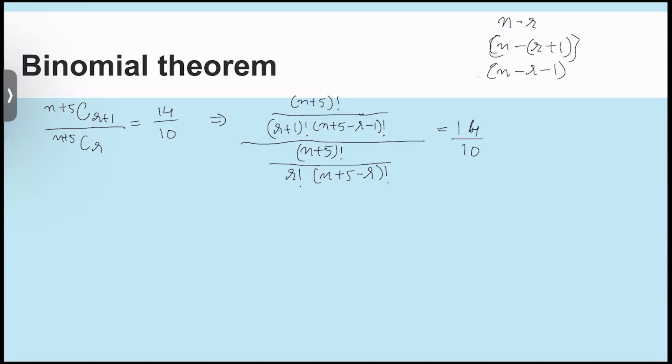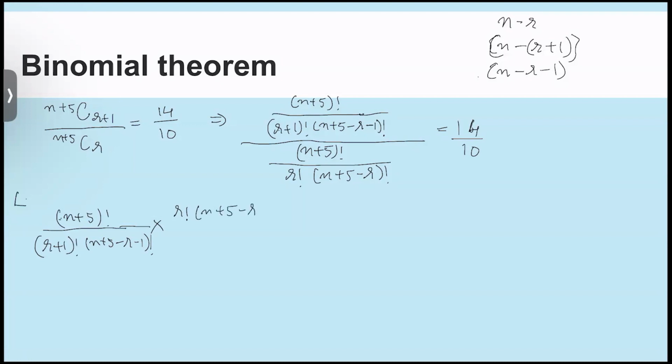Okay, so now if we simplify the left hand side, we will get n plus 5 factorial upon r plus 1 factorial, n plus 5 minus r minus 1 factorial, multiplied by r factorial, n plus 5 minus r.